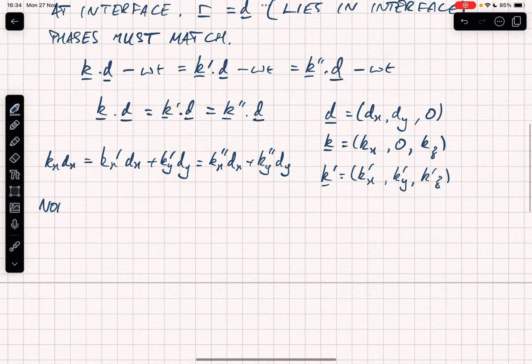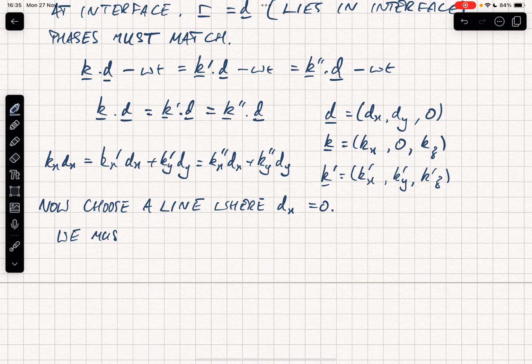Now we want to choose a line where dx is equal to 0. So if dx is 0, dy can take on any value. That specifies a line in the plane. Along that line, the incident wave, the dot product, will give us 0, and therefore we must have ky prime is equal to ky double prime is equal to 0 in order to fulfill the fact that the phases match at any point in the interface.